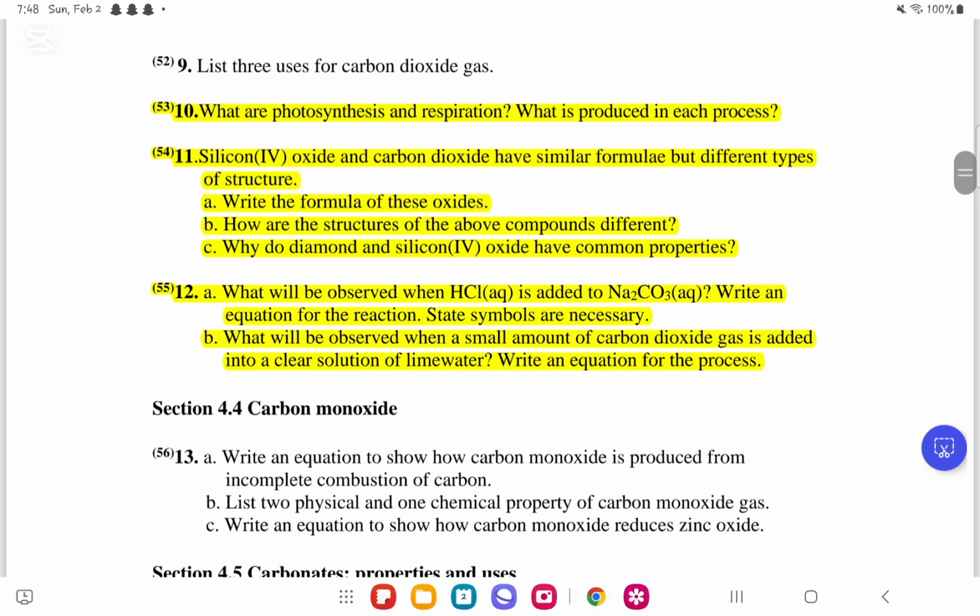So what are photosynthesis and respiration, and what are produced in each? You should know that photosynthesis is the process by which the plant makes its own food. So the plant uses carbon dioxide.